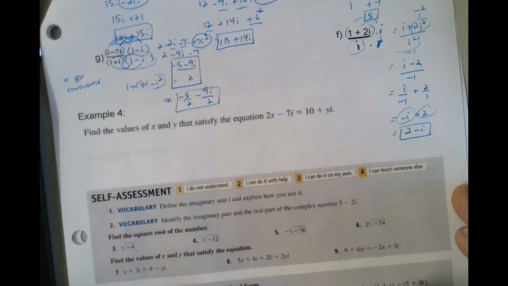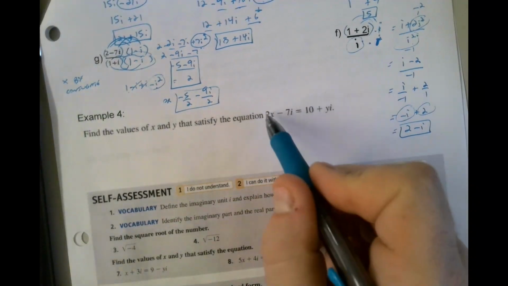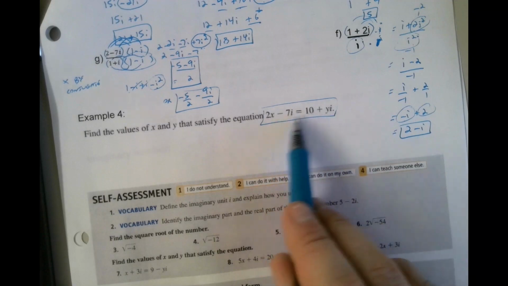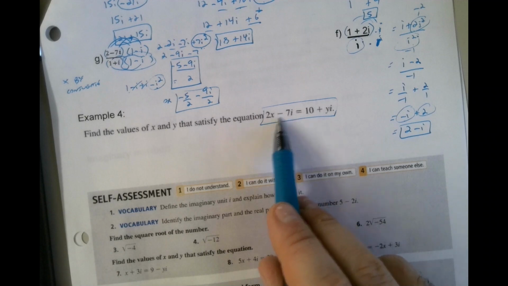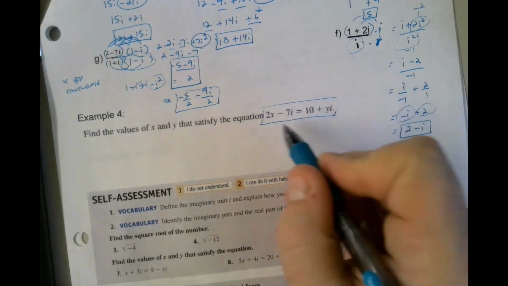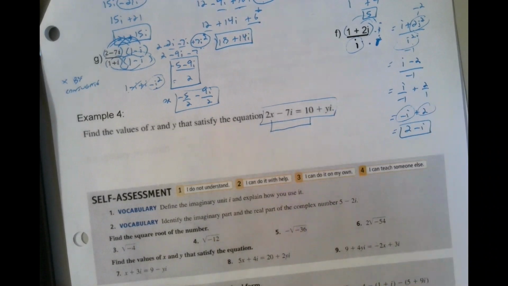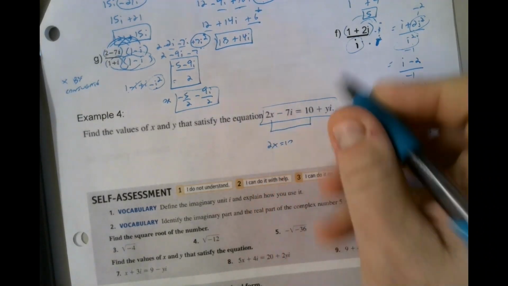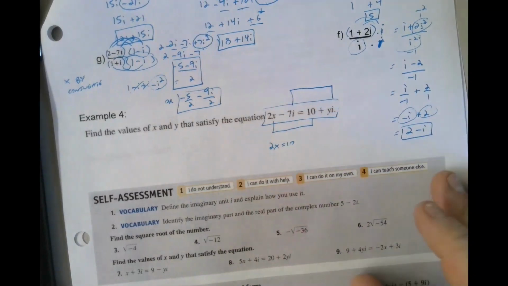So one other look you might see is they might set an equation of some i parts equal to each other. So they're just trying to see you understand that the idea is if a complex number is written on one side and then the other, you just set the parts equal to each other. So you set the real parts equal to each other, and then the imaginary parts equal to each other.